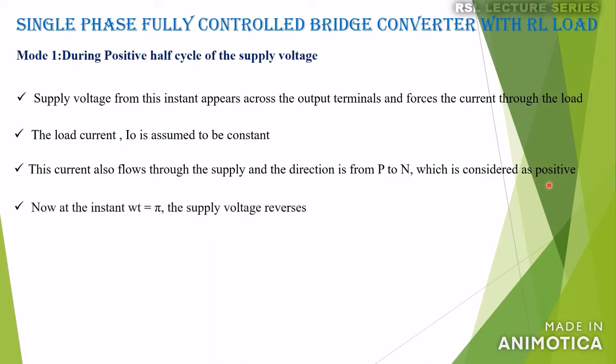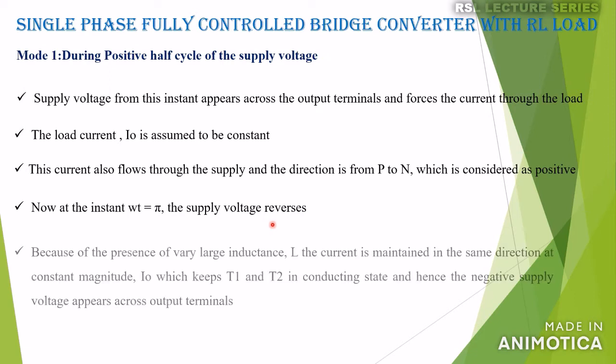Now at the instant omega t equal to pi, as we all know, the supply voltage will become 0, and after pi it will start increasing in the negative direction. So the supply voltage will become reverse. Even though it is a reverse voltage, the thyristors T1 and T2 will still conduct.